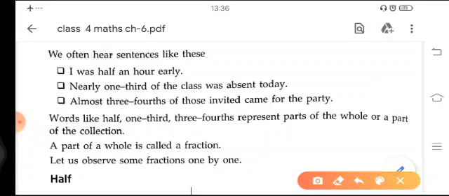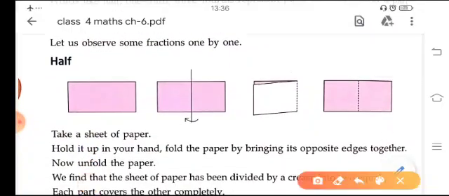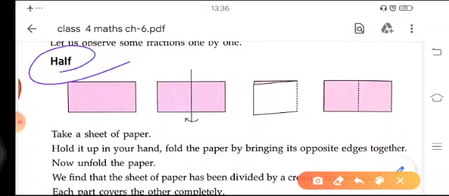So first we will understand what is half. Half means that it is one part of two equal portions. If we have a collection of toffees, suppose we have 10 toffees, and I say that I had taken half of the toffees, it means I had taken 5 toffees.